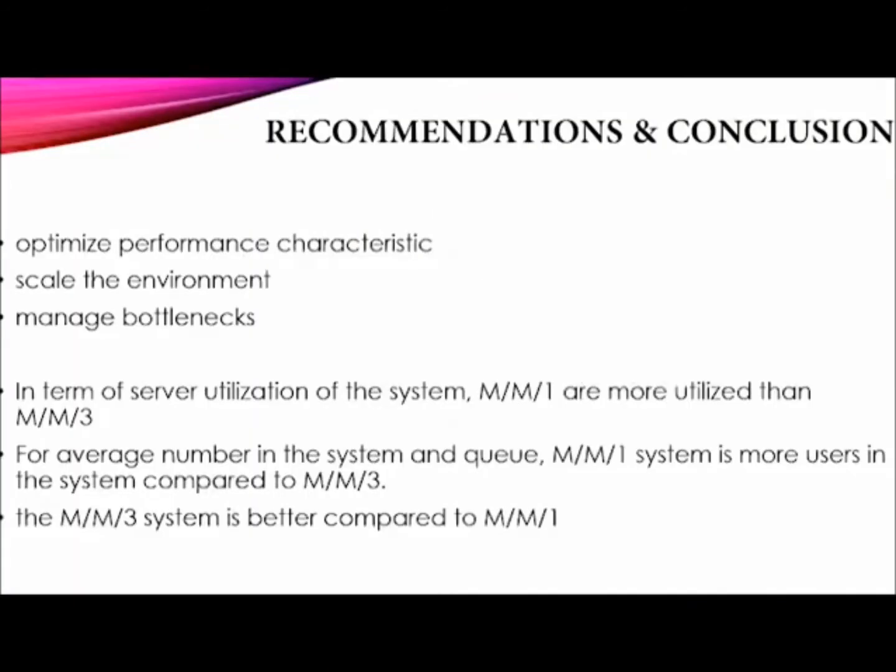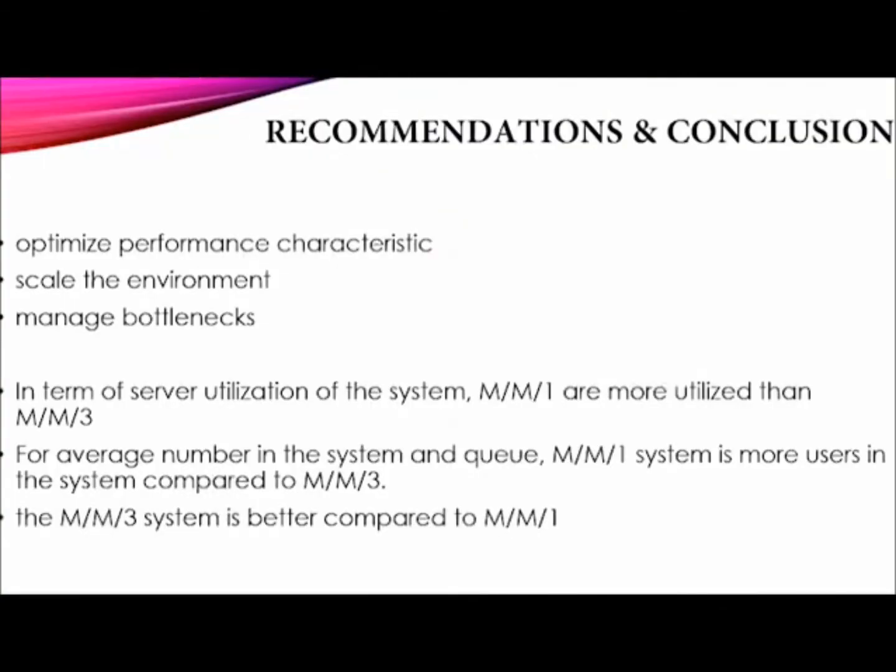For the average number in the system and in the queue, the M/M/1 system has more users in the system compared to M/M/3. This was also discussed in the first slide, where for the average number in the system, L, in M/M/1 we have one customer or packet or process, while for M/M/3 there is none. So it's quite good for M/M/3. I can summarize that the M/M/3 system is better compared to M/M/1.